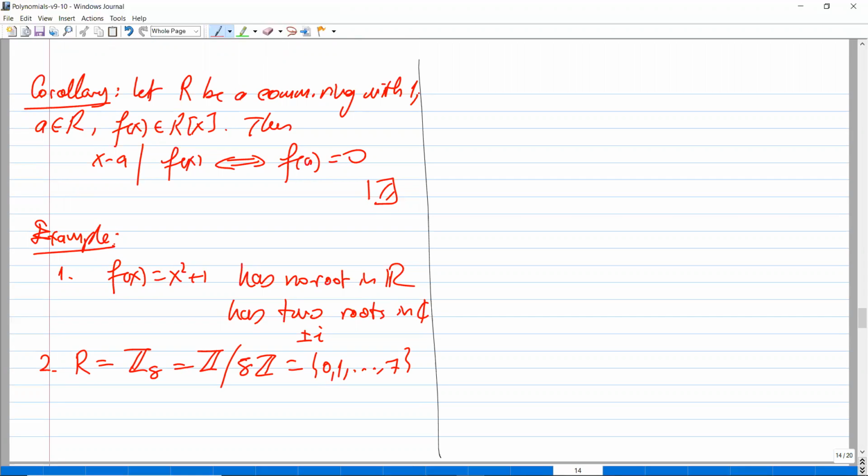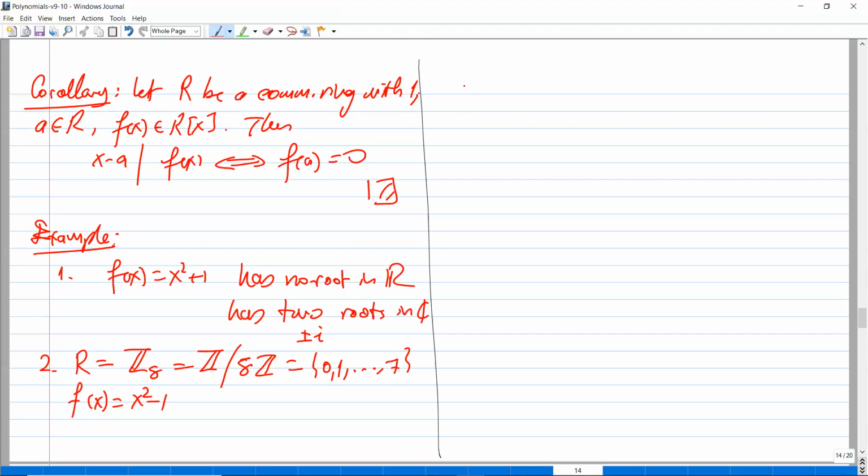So we consider addition and multiplication modulo 8. Let's consider f of x equal to x squared minus 1. In the integers, it has only two solutions, plus or minus 1. But let's look at this over the ring Z8.